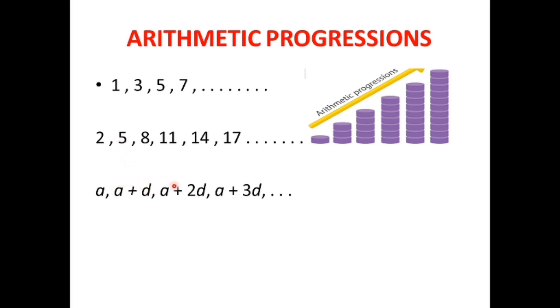Now how do you get the next term? You add one more D. From the second term to the third term, you add D again to the second term. So D plus D, how many D's will it be? A plus 2D. The next term will be A plus 3D. This is called the general form of an arithmetic progression.